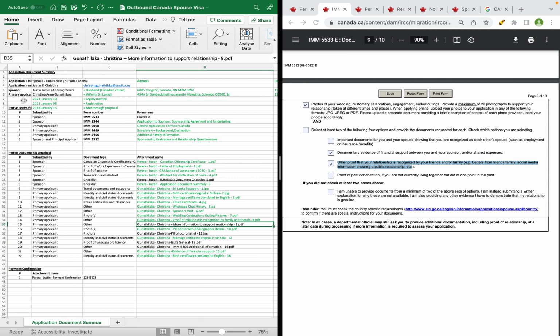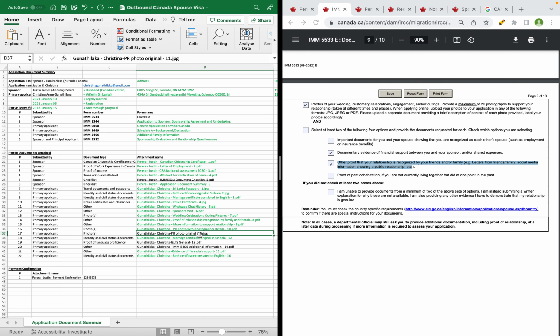So invoices of those transactions, as well as the hotel bill, were also included in this more information to support relationship file. So always include a small description of the type of supporting that you're providing, so whoever is going through it will know in and out, and will not have any doubts in terms of the supportings provided.